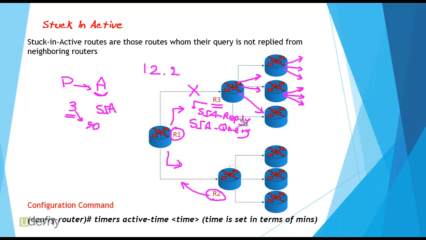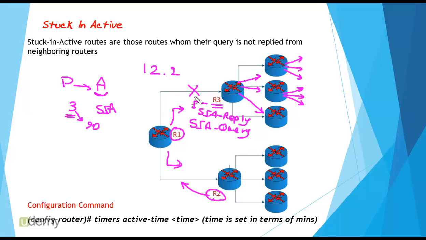Wait till I answer you. If the router sends the SIA reply, router 1 does not break down the neighborship and waits until the query reply comes back. But if the router does not send any SIA reply either, then the router breaks down the neighborship and says that this could not be a neighbor of mine anymore.